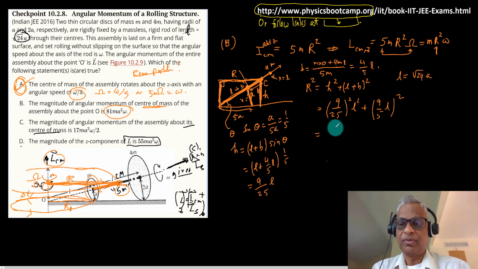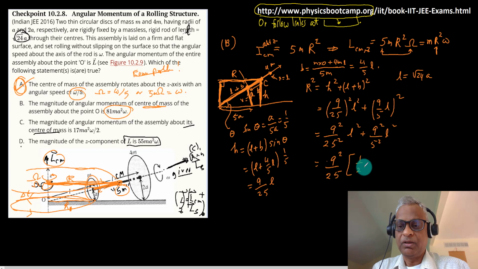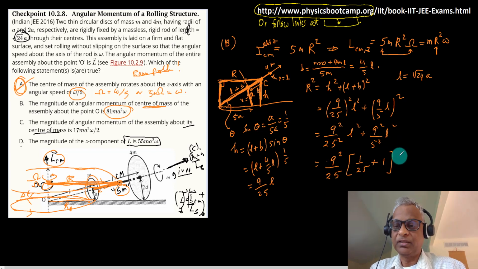So you can say 9 square over 25 square L square plus 9 square over 5 square L square. So you have 9 square over 25, 1 over 25 plus 1, and L square is 24 a square.